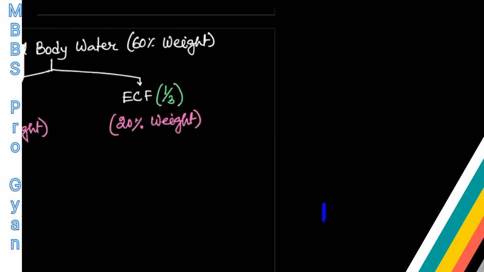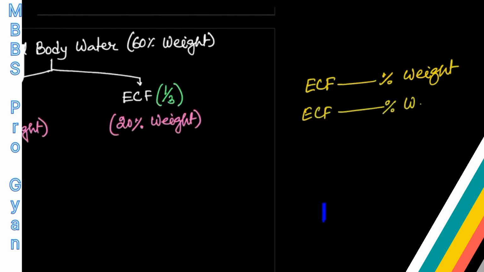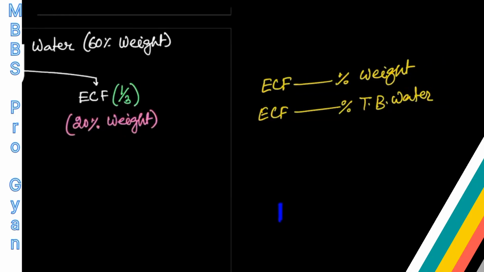So the MCQ was like this: ECF is dash percentage of your body weight, and second question, ECF is dash percentage of your total body water. Although these look similar, these two questions are different.